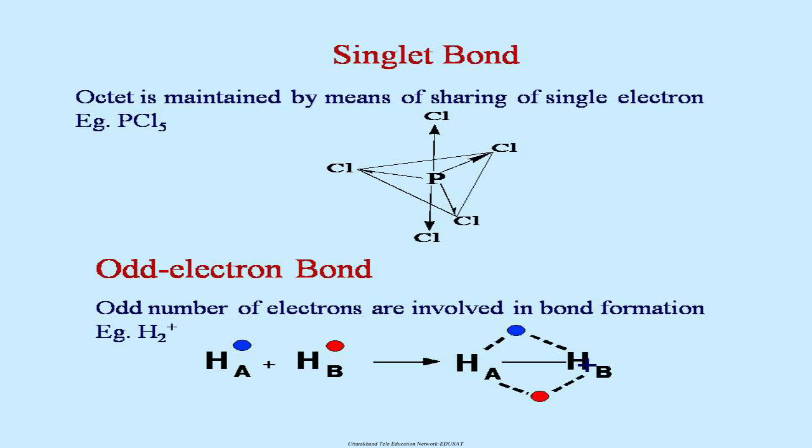The second type of bonding is odd electron bonding. What is odd electron bonding? It is the bonding in which an odd number of electrons takes part in the bond formation.